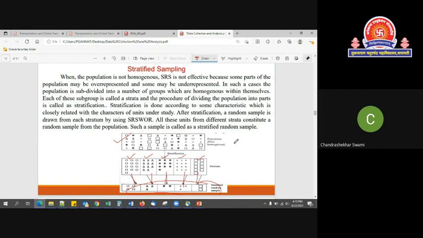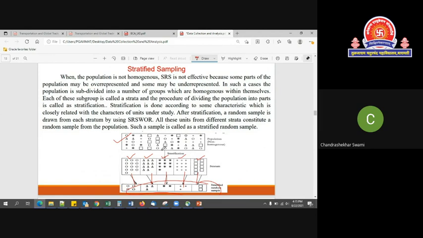Stratified sampling. So when the population is not homogeneous, SRS, simple random sampling, is not effective, because some parts of the population may be overrepresented.